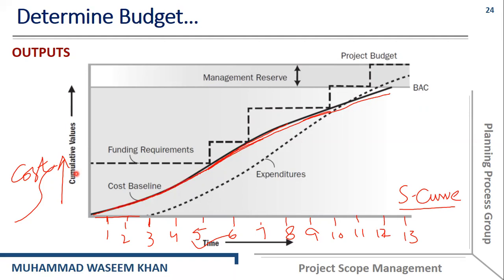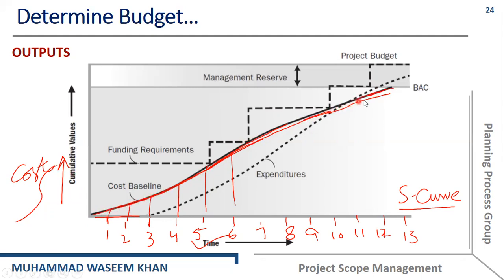This x-axis represents the time values, the different durations that you can see here. And we have the BAC, the budget at completion line.